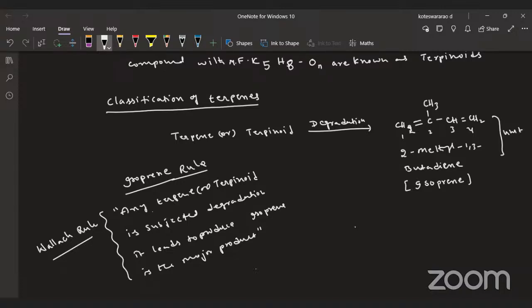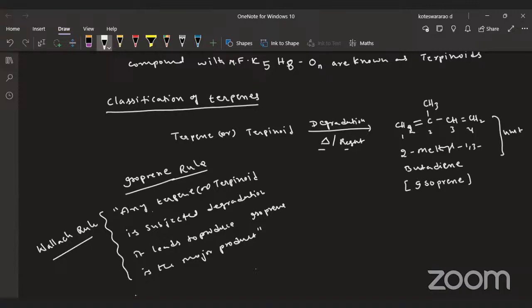All the naturally occurring terpenoids and terpenes undergo thermal or chemical degradation. Degradation may be thermal or chemical if you apply any reagent, and that leads to the formation of isoprene as the major product. That is known as the isoprene rule.